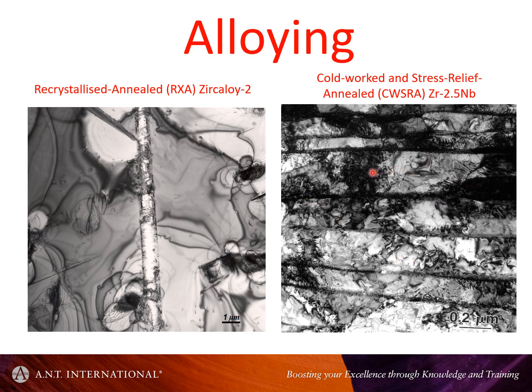Basically, the alpha phase, which is the hexagonal phase, is here, but there are residual amounts of metastable BCC structure, and I'll talk about that further on. But the typical structure of a cold work stress relief annealed material, whether it be zirconium-niobium or Zircaloy type material, tends to be more flattened grains with a high dislocation density, as you can see here.